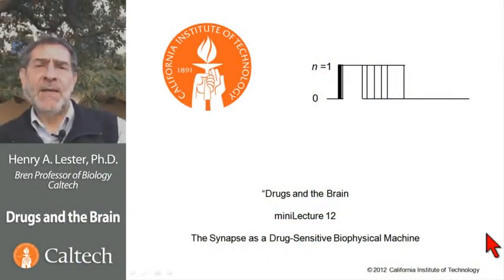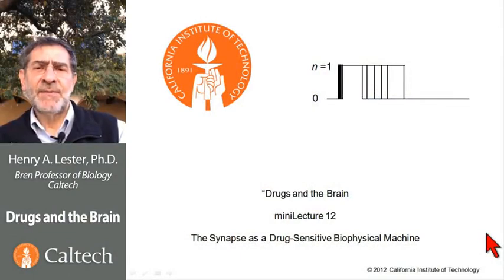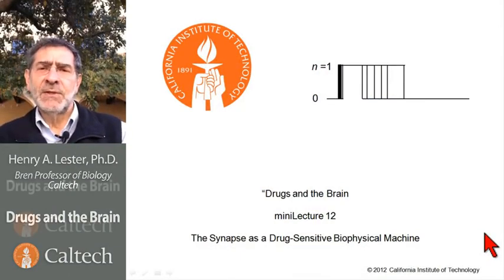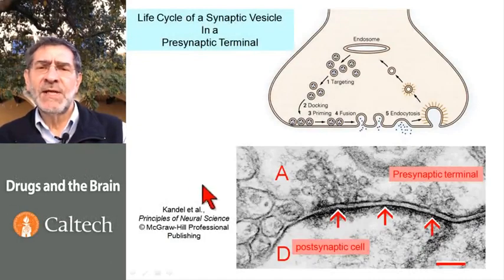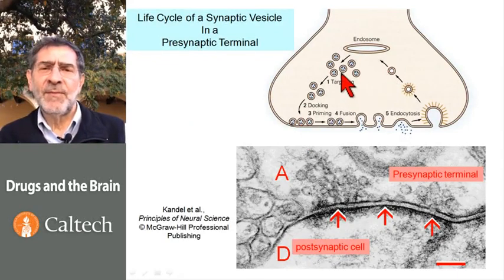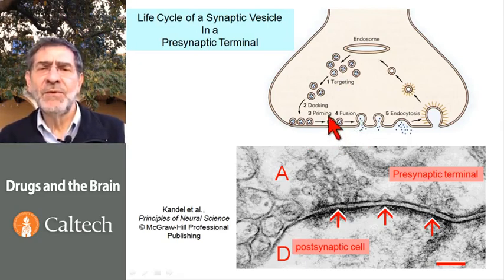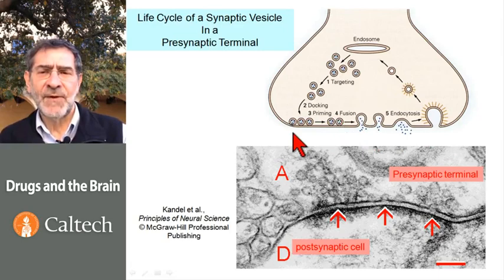And then we'll move toward the south and begin telling you about the Synapse as a drug-sensitive biophysical machine. Just reminding you that in the presynaptic terminal, we have vesicles full of transmitter, some of them docked to the membrane, awaiting calcium flux, which allows them to fuse with the presynaptic membrane and liberate their contents of transmitter into the synaptic cleft.